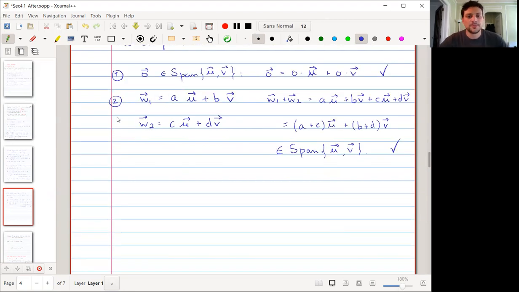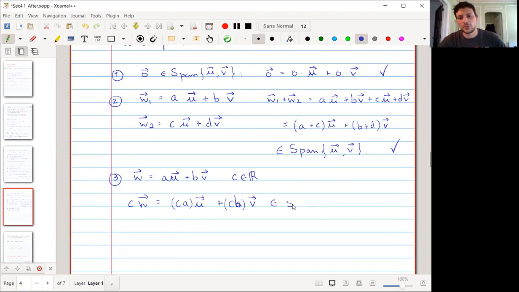Let's check the third. For the third condition, I need to pick a vector inside the span of U and V, so a linear combination of U and V, and a scalar C. Now, if I look at CW, this is nothing but CA U plus CB V. And it is indeed a linear combination of U and V with coefficients CA and CB.